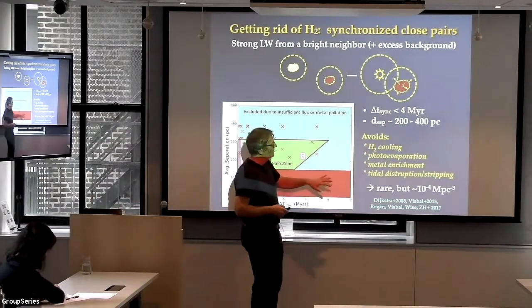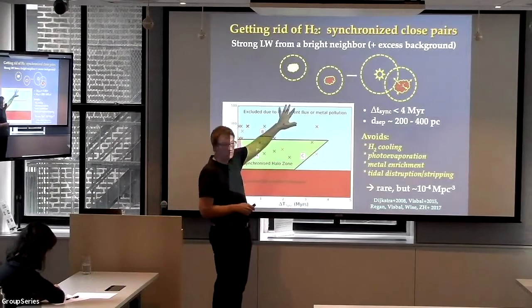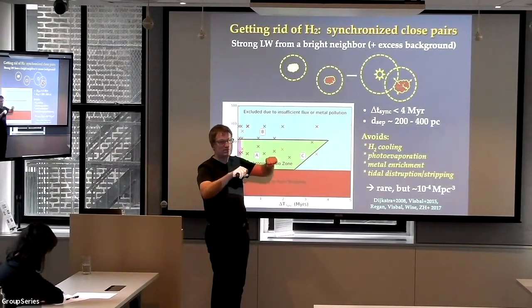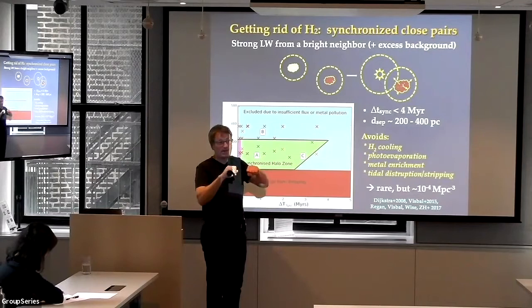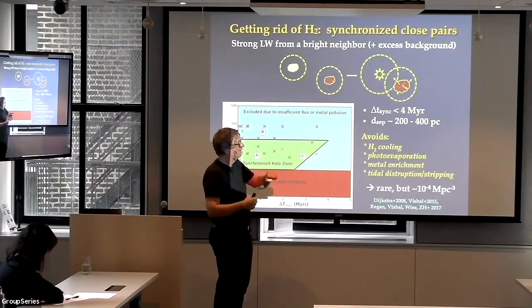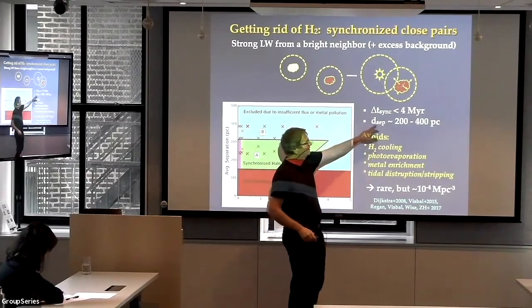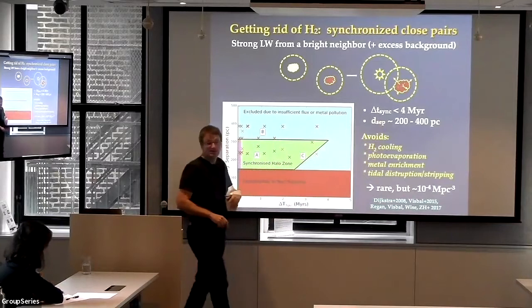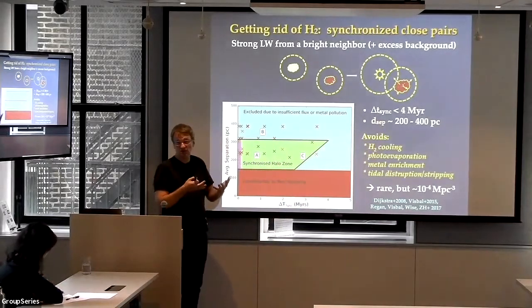There's basically a scenario, which I will skip over the details, where you have two of these halos forming nearly simultaneously, close enough to each other that one illuminates the other, and this target that's illuminated is within half a kiloparsec, and it's synchronized within a few megayears, and then you can maintain this high accretion rate and no molecules.